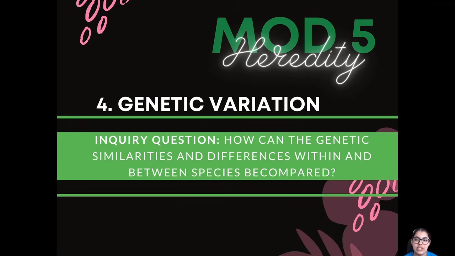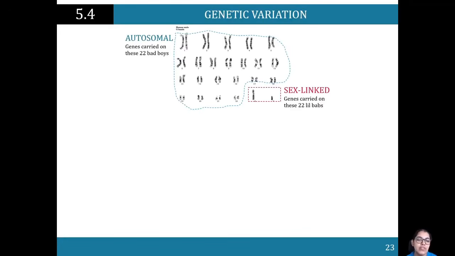Okay, genetic variation, let's have a look. So with genetic variation, you would have looked at autosomal versus sex-linked inheritance. Autosomal inheritance is when a gene is carried on the 22 chromosomes there. So in the human body, there are 46 chromosomes.